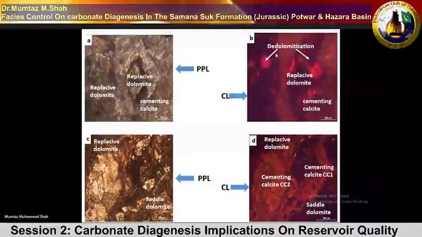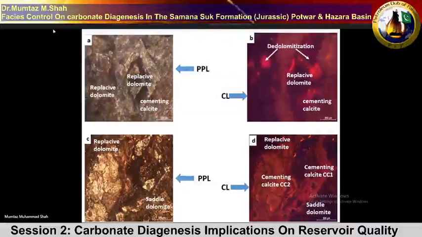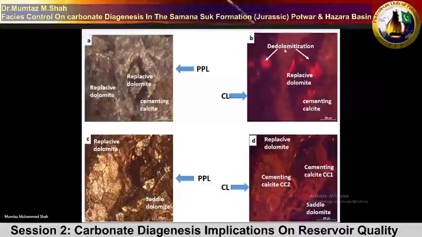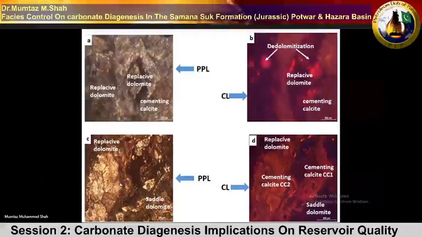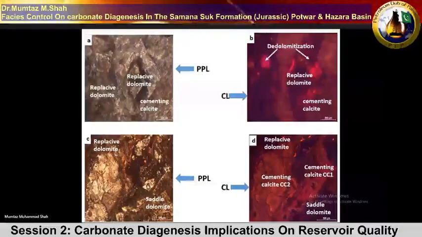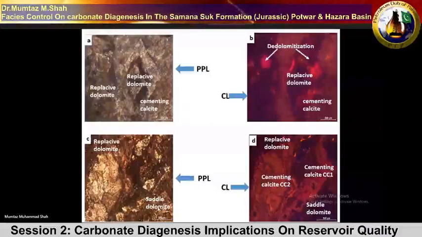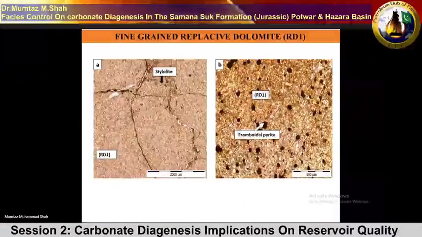This is a very nice photomicrograph where we can see a very big crystal of dolomite present within the calcite, and that dolomite crystal has been affected by the process of de-dolomitization to some extent. Similarly, over here we can see some calcite cements with replacive dolomites on top of them, and some saddle dolomite at the bottom. Various phases of the replacive dolomites.